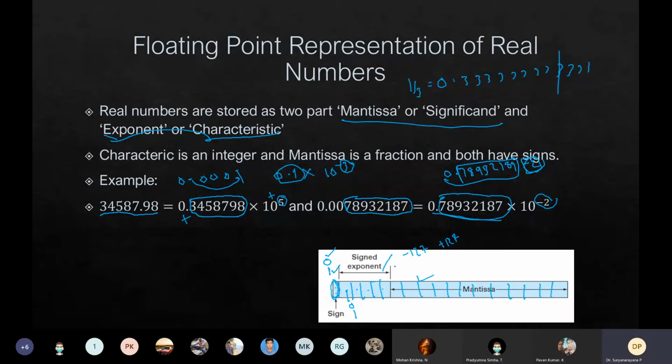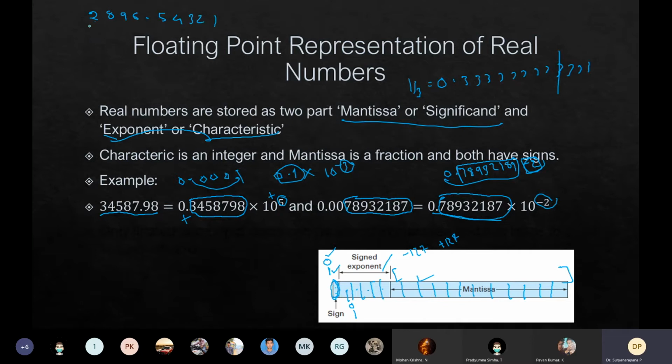Now comes the mantissa part, and this is where you store the fraction. Storing the fraction is a different thing. Consider 2896.5432.